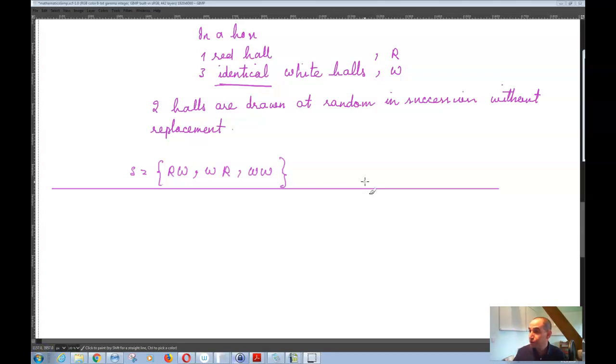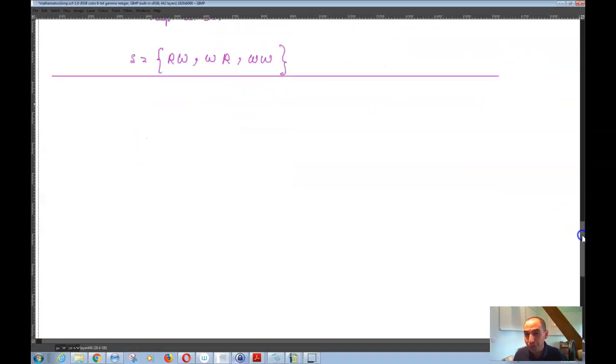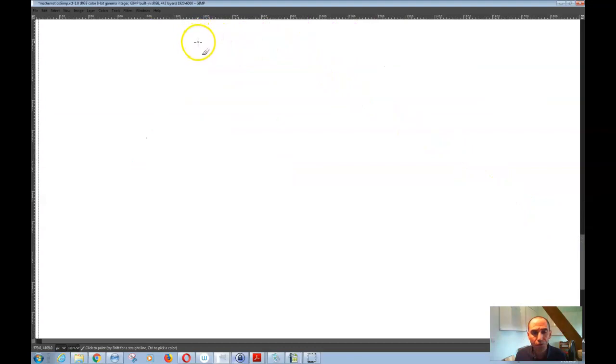Okay, so basically the experiment is you toss a coin, meaning that you get either heads or tails, and then you throw it a second time if a head occurs. When you throw the coin, again you will get either heads or tails, right?